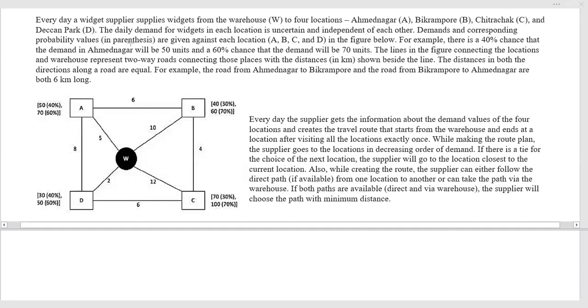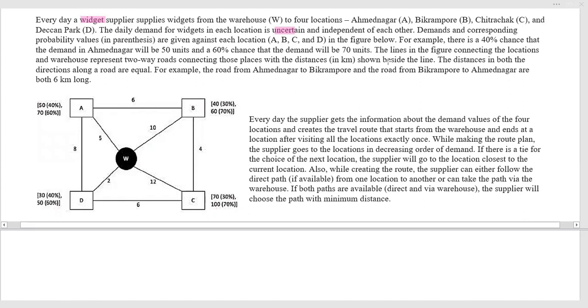Here, it has said that one widget supplier supplies from W to 4 locations. These are the locations A, B, C, D, and it is supplying to these 4 locations. But the daily demand in each location is uncertain and independent of each other. Demands correspond to probability values, and it is given for 3 or 4 of these locations, and everywhere 2 kinds of chances it has given to you.